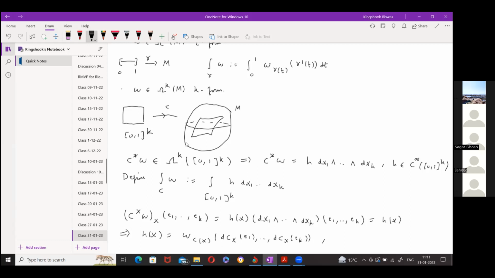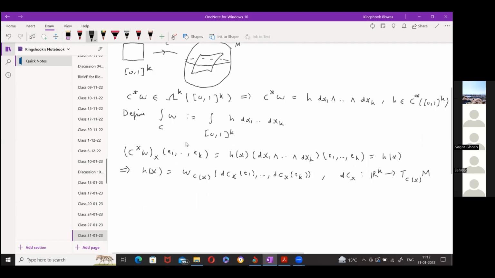Okay. Here, by definition of the derivative of a smooth map between manifolds, this goes from the tangent space to the unit cube, which is just Rk, to the tangent space at c of x to M. So this is the function h of x, and we're integrating this function.